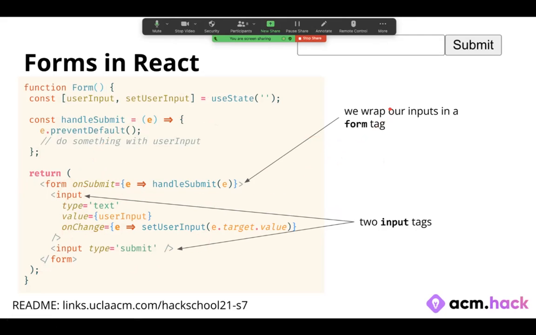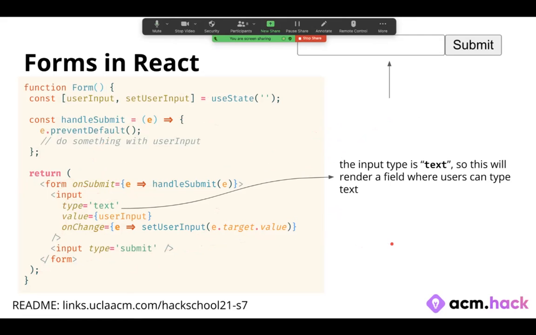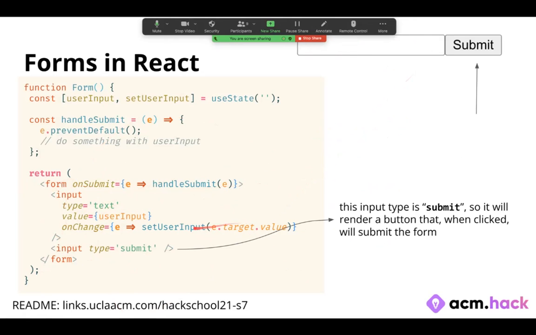We have this form tag wrapping these two input tags, so basically like HTML. If we look at our input tags, the first one has type equal to text. This will actually render a field where users can type, like this text box here that we see. And for the second input, we have type submit, which will create the submit button. When this button is clicked, we will submit the form.